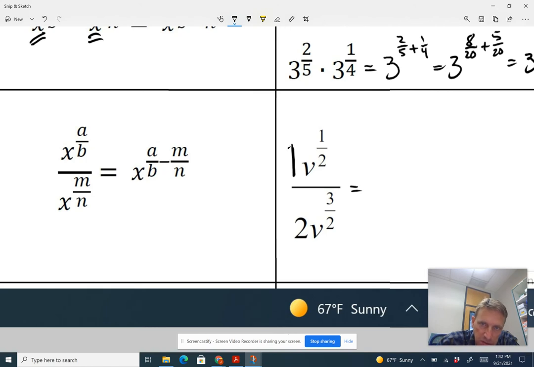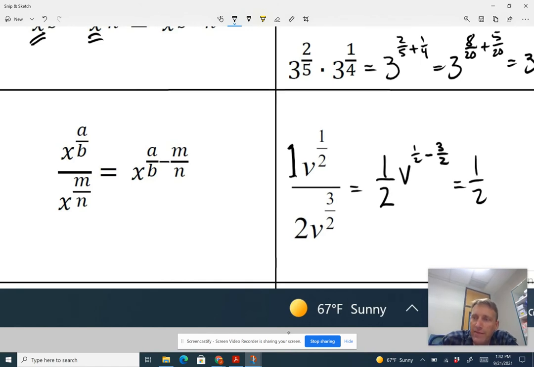So you can always assume there's a 1 there in front if there's no other number. So now I've got 1 over 2, which is just 1/2, and I'm going to put that sort of to the side. And I get v to the 1/2 minus 3/2, and that's equal to 1/2 to the 1/2 minus 3/2.